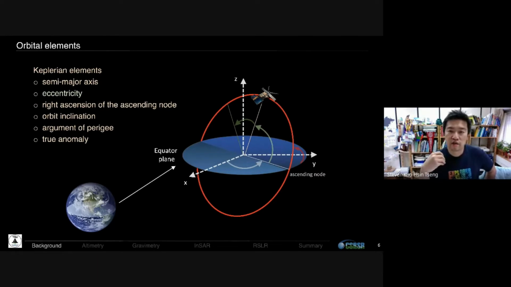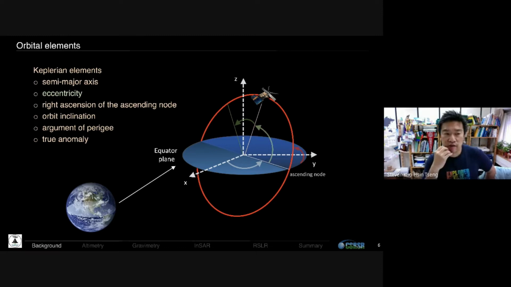If it's just for equator observation, like the TRMM mission for global weather and climate, then the main purpose of the mission is to monitor the equator cyclones, so the inclination is very low. So this orbital inclination defines the spatial coverage of the satellite.